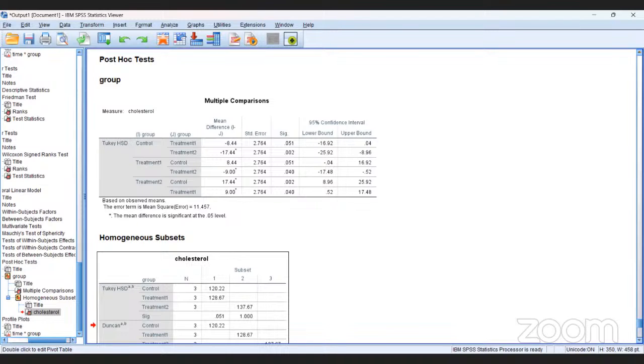So that is the advantage of the parametric test. And in case of the non-parametric test, we have to follow the Friedman test.